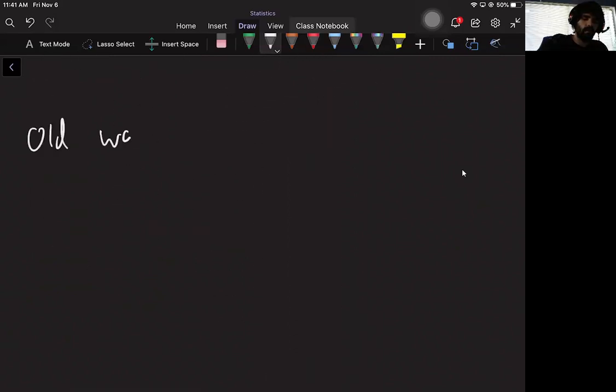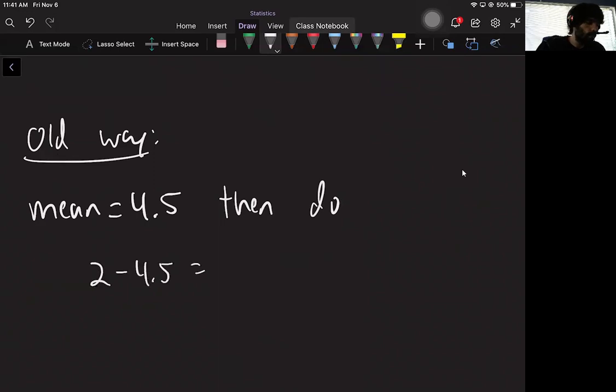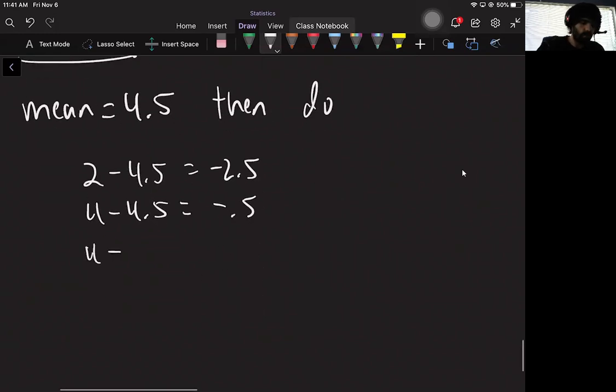Old way. So I'm just going to speed it up a bit because you don't want to watch me do a million calculations. But if you do it, you'll calculate that the mean is 4.5. And then you do all these things. So you do each data point. So you got to do all the data points subtracted.